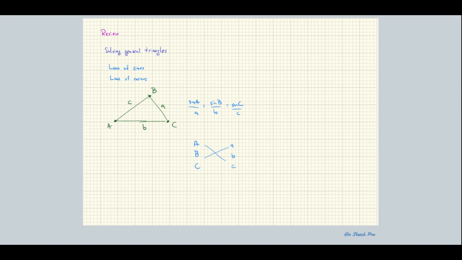And these crisscrosses are altitudes. And the altitudes are the same. So I get B sine A is an altitude, and A sine B is an altitude, and all these crisscrosses. And these two are equal.